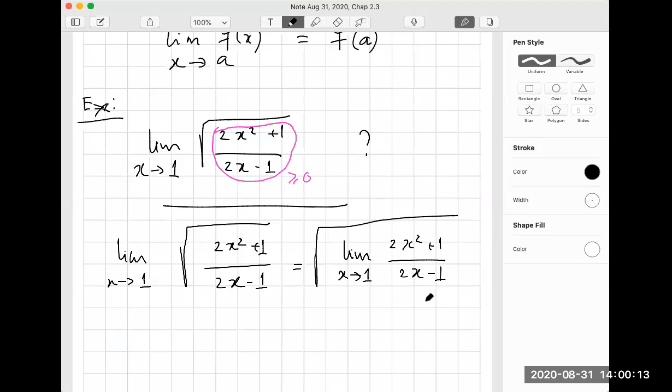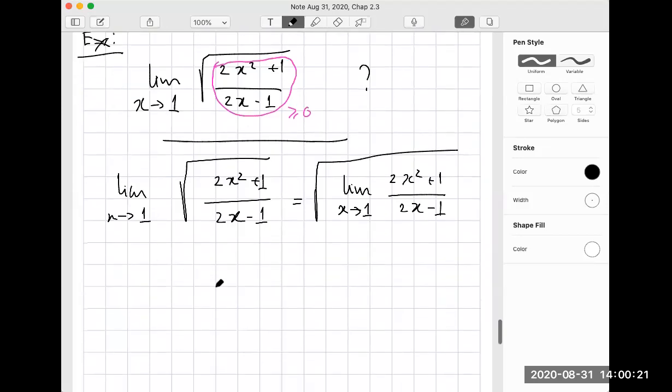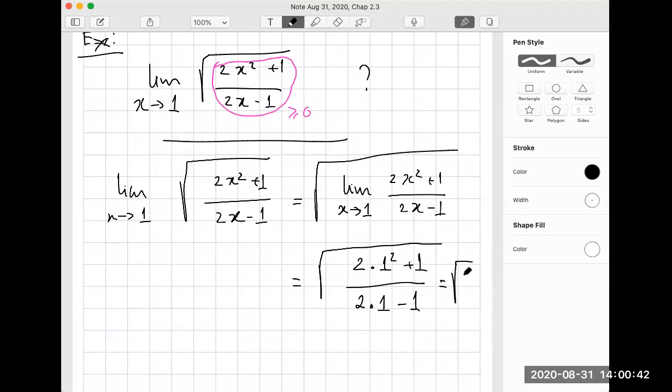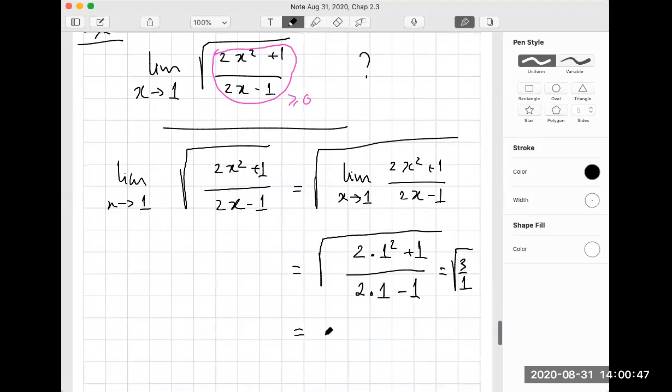Or in other words, a does belong to the domain of this function. So from the previous direct substitution properties, we can simply put the value of this, which is 2 times 1 squared plus 1 over 2 times 1 minus 1, right? It is the square root of 3 over 1, or square root 3, okay?